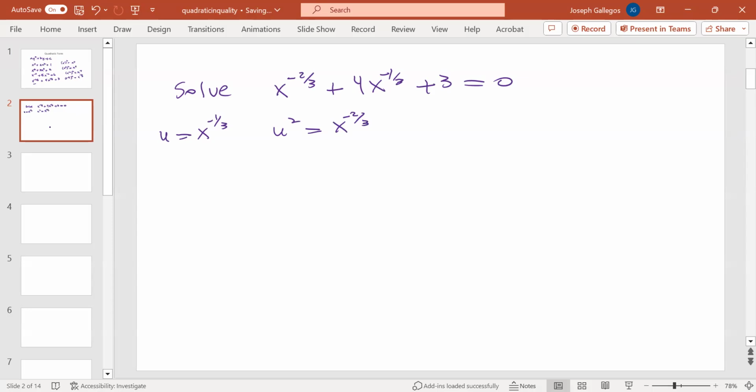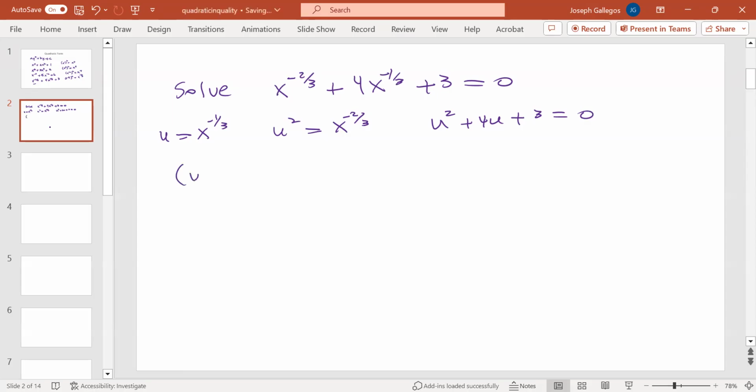And so that equation becomes u squared plus 4u plus 3 is equal to 0. And now from here, we can use our standard techniques to solve a quadratic. We can factor, right? What are the factors of 3 that add together to give 4? A 3 and a 1.